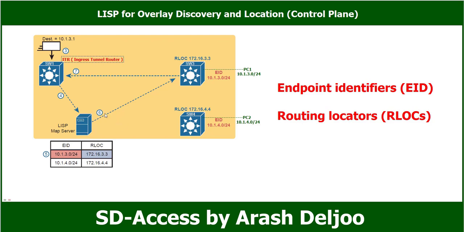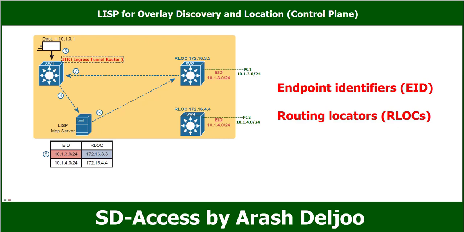At step 6, in most cases the LISP map server doesn't answer directly to switch 1, but if you want, you can configure it as a proxy to send the answer directly. But in default behavior, the LISP map server contacts switch 3, the node listed as the RLOC, to confirm that the entry is correct. And finally, in step 7, switch 3 completes the process of informing the ingress node, switch 1, that 10.1.3.1 can be reached through switch 3.